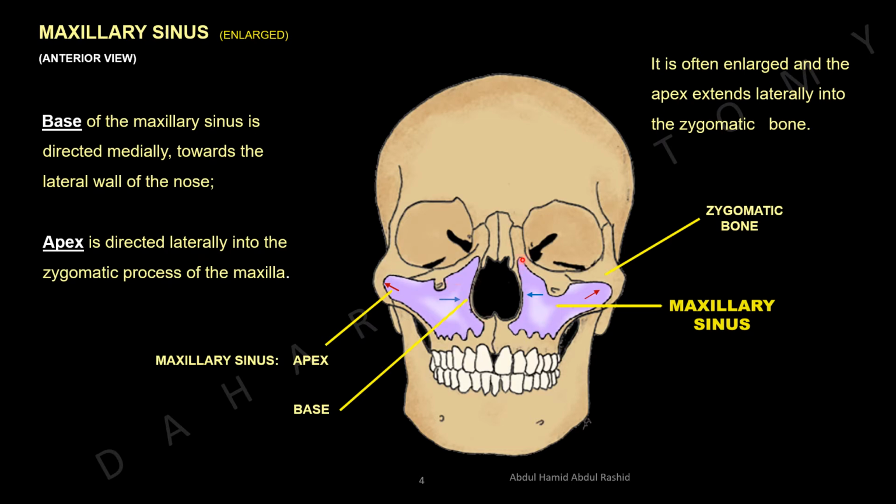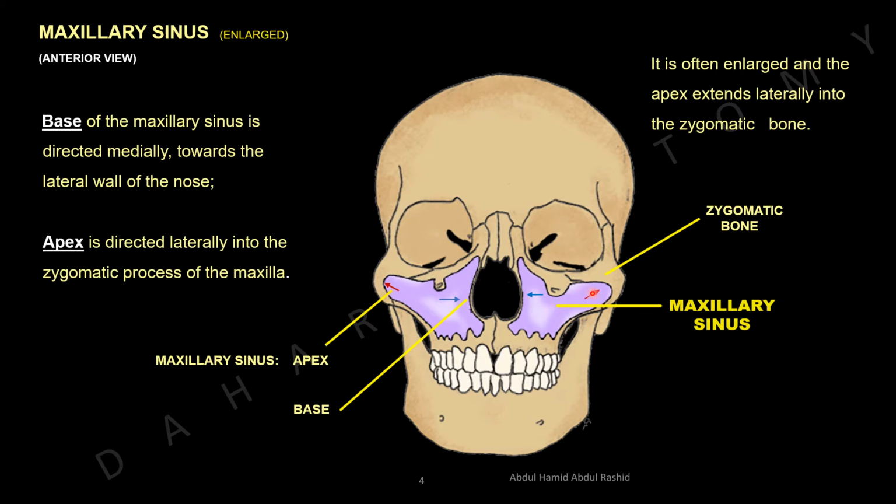It is often enlarged and the apex extends laterally into the zygomatic bone.